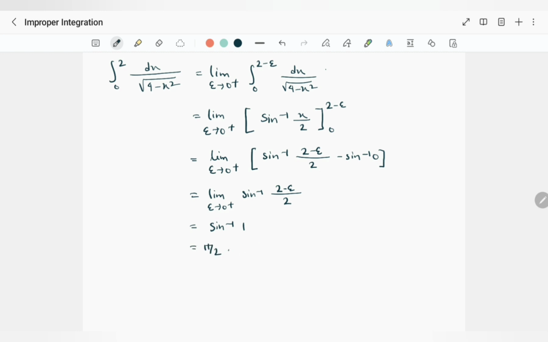So this is giving a finite value, hence we can say this improper integral is convergent and converges to pi by 2.